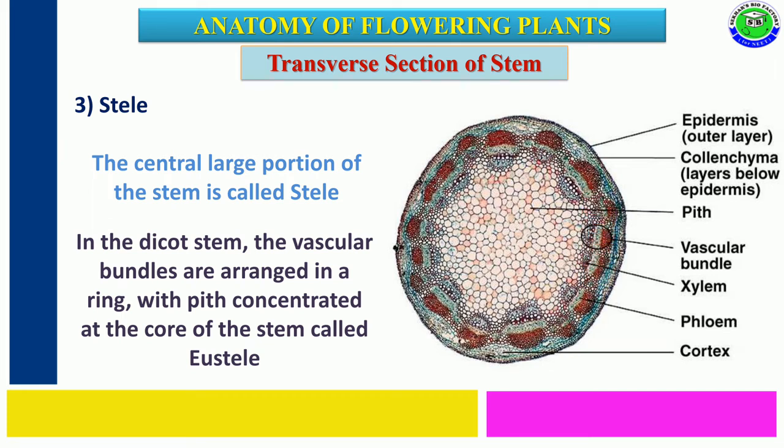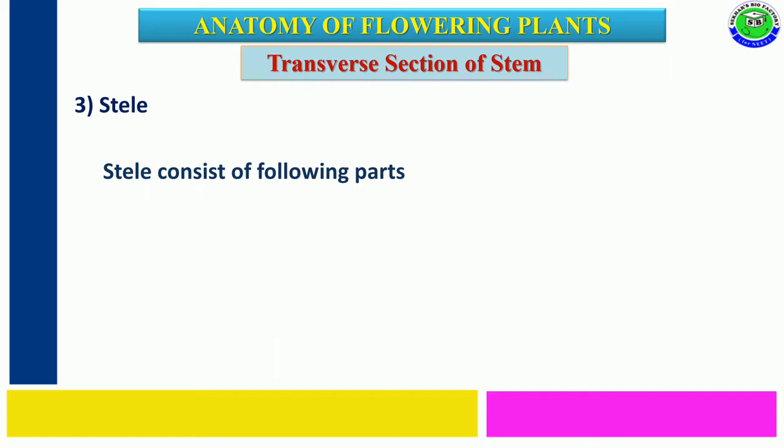This arrangement of vascular bundles in the form of a ring is called eustele. With this character, we can identify the transverse section as a dicot stem. The presence of eustele is the main characteristic feature of the dicotyledon stem.